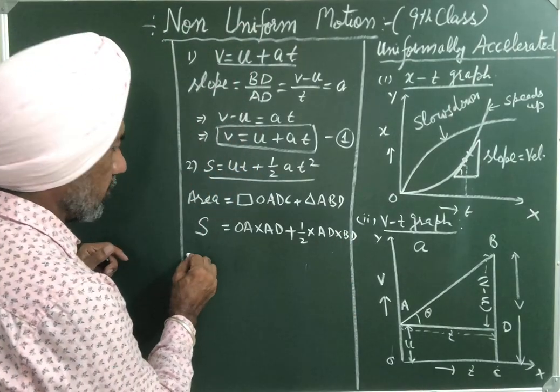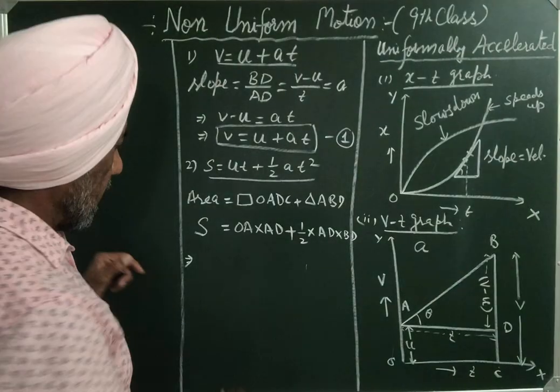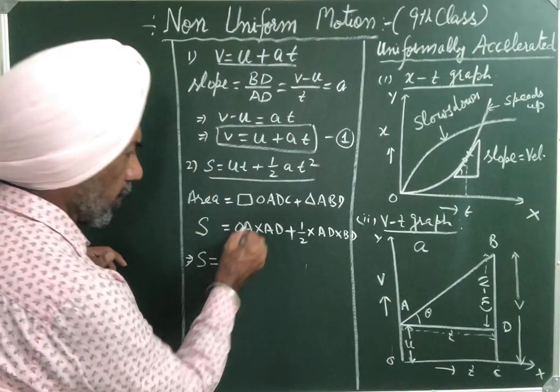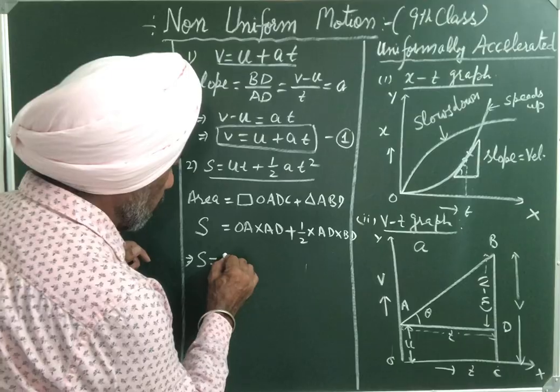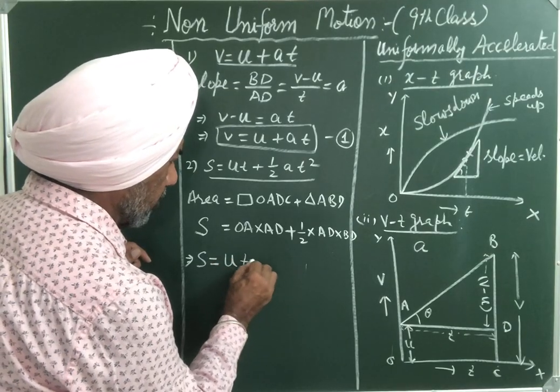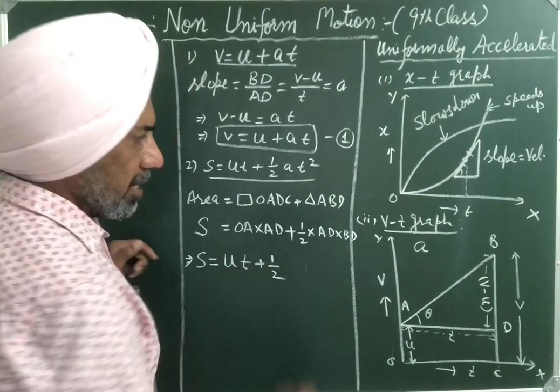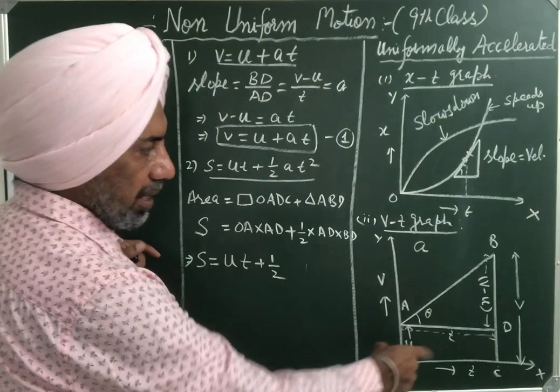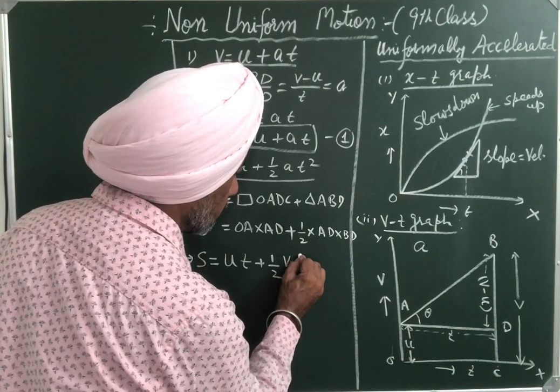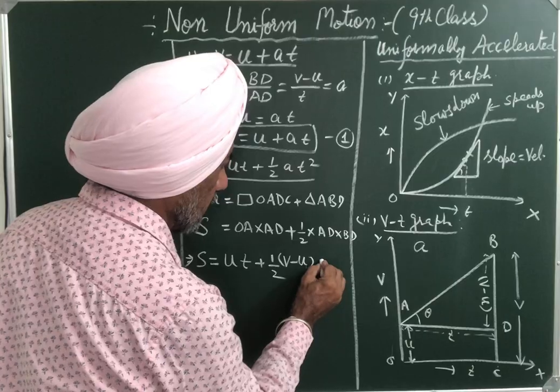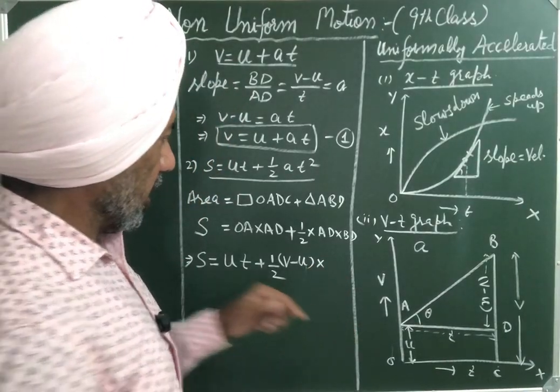So, this implies S is equal to OA is nothing but u, initial velocity, AD is time, plus half, what is AD? AD is v minus u, into what is BD is t.